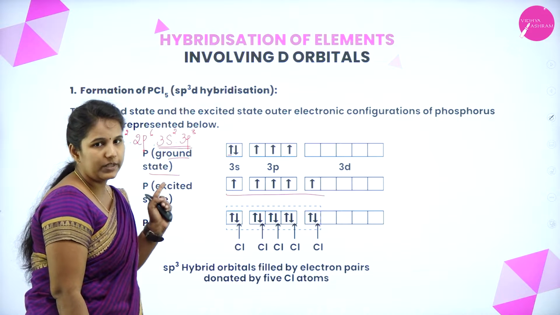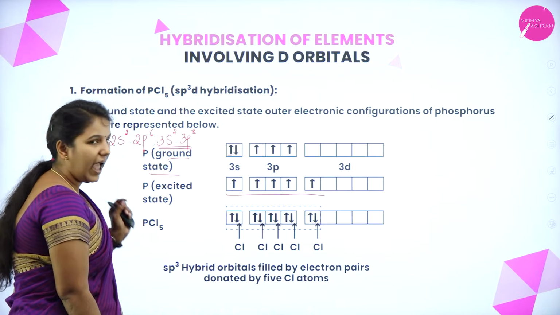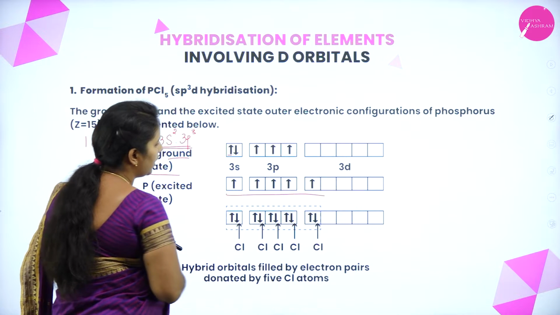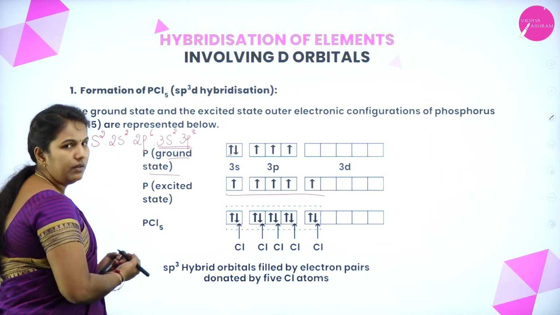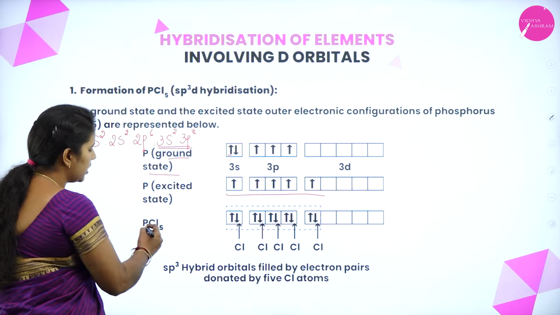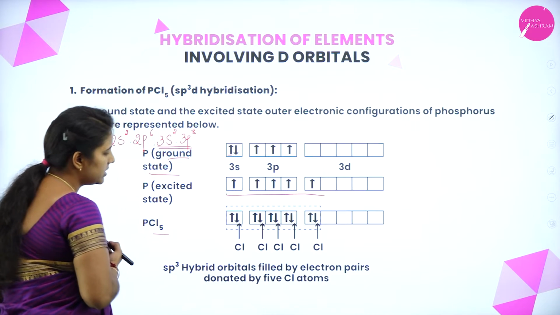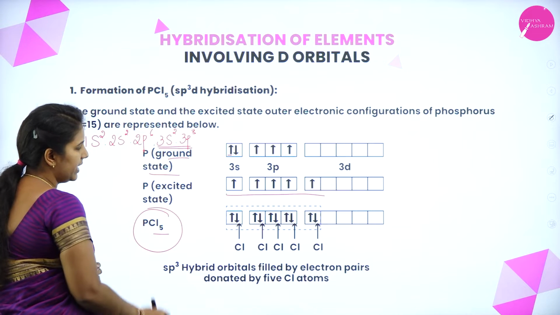in the phosphorus. When it is reacting with the chlorine, all the 5 unpaired electrons will easily get attracted towards the chlorine, and chlorine itself donates 1 electron, resulting in the formation of PCl5.